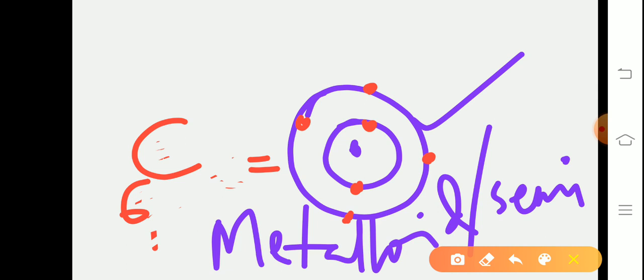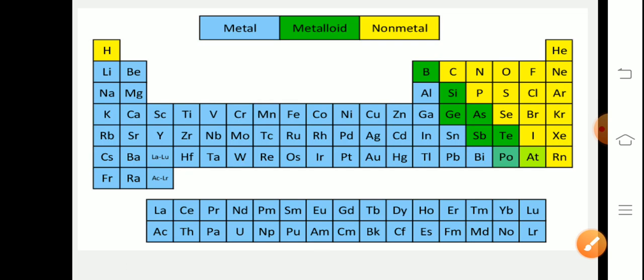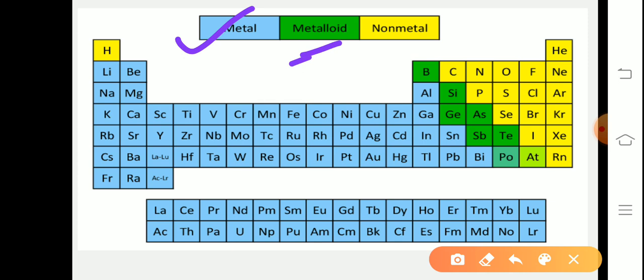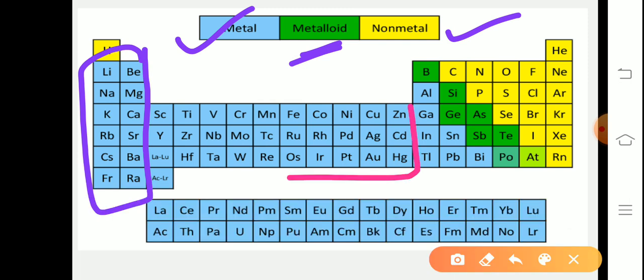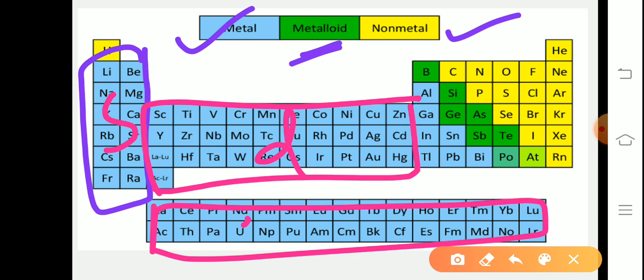Look now. Here this blue color indicates metals, and these are metalloids like a staircase, and this yellow color represents non-metals. Now easily you can say. One thing you should observe is the S block, D block and F block elements. These are the D block, these are the S block, and these are the F block elements.